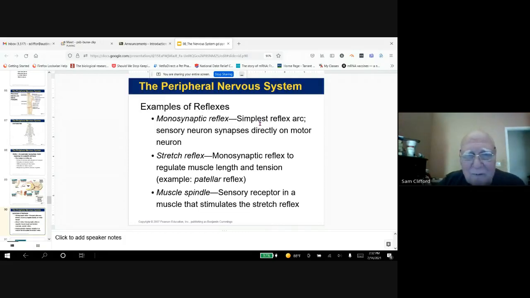Okay, so we have monosynaptic reflexes. It's a simple reflex arc. We have the stretch reflex in the muscles, and also the muscle spindle and the stretch reflex. So what does that mean?